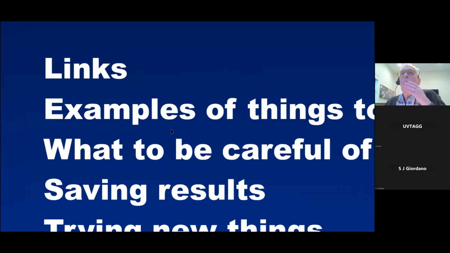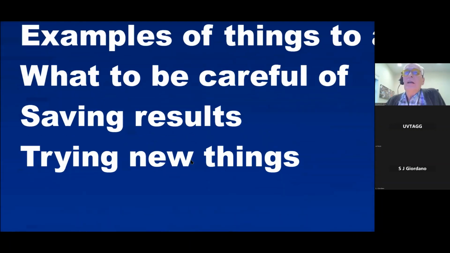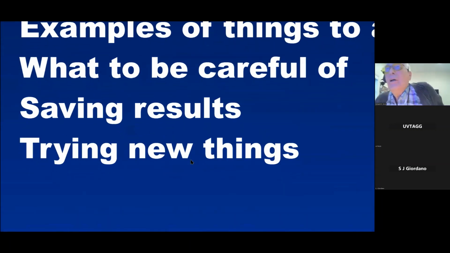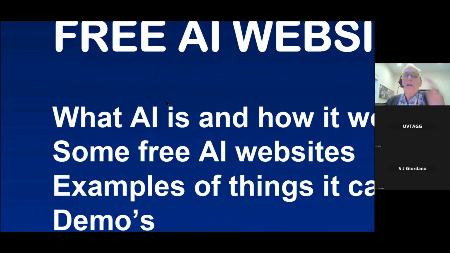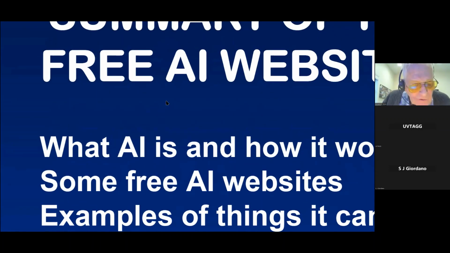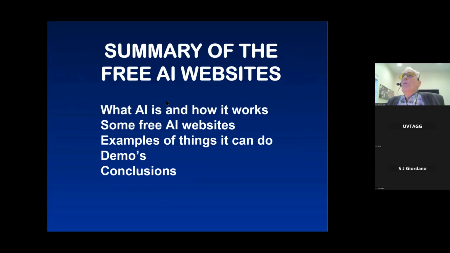Okay, now we've looked at all these demos. We looked at the links and so on, and saving the results and trying a few things. Now, let me turn the magnifier off so you can see it easier. Here's a summary of what we've looked at. We looked at what AI is and why it's called large language models, and a little bit about how it works.